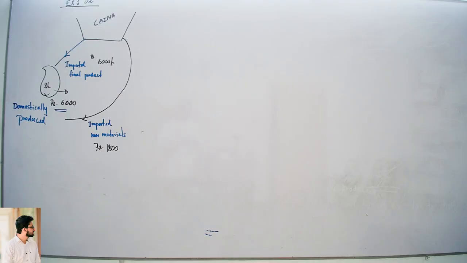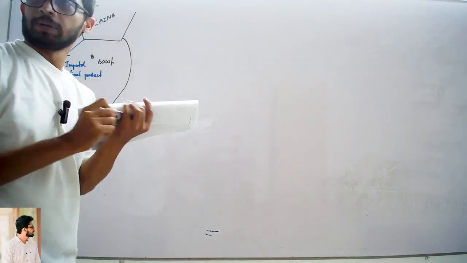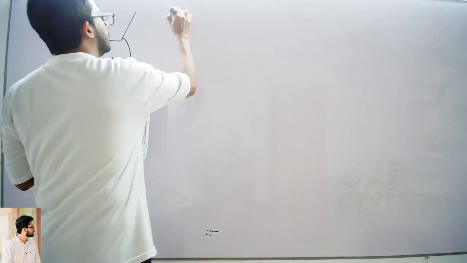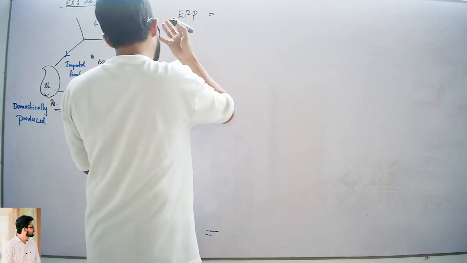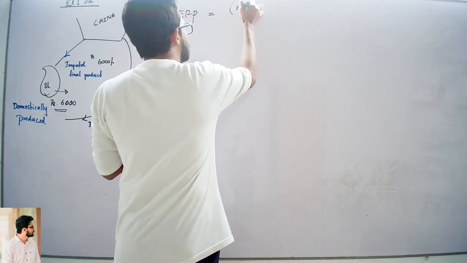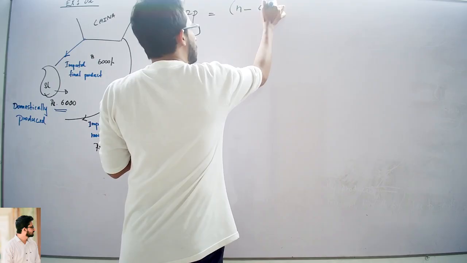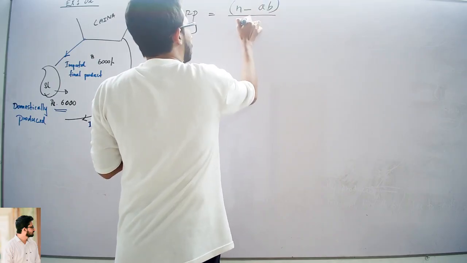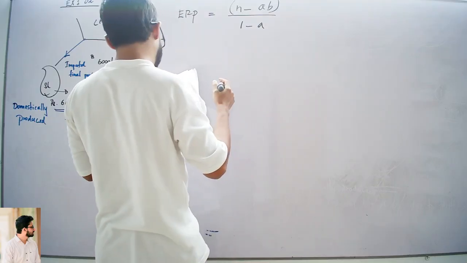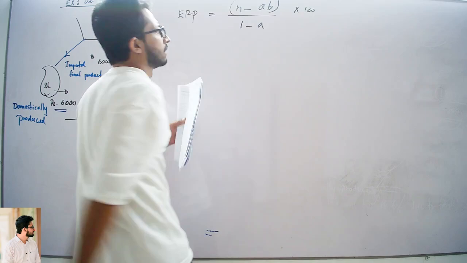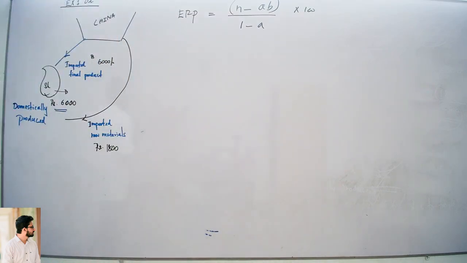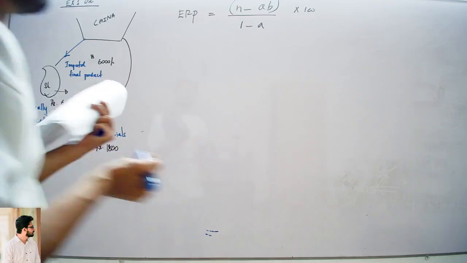Right, look here, children. NRP, sorry, ERP, the effective rate of protection, can be calculated using this equation as well: N minus AB over 1 minus A, into 100%. You should multiply it by 100. Listen, this is another equation you can practice.